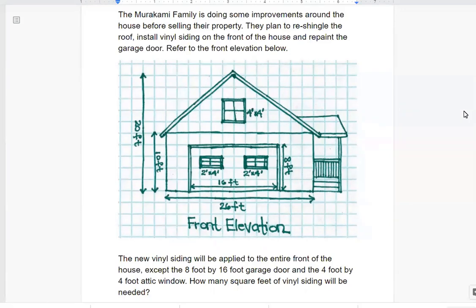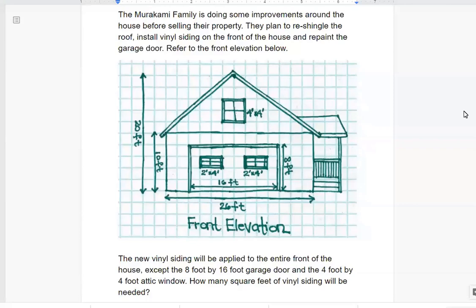It says the Murakami family is doing some improvements around the house before selling their property. They plan to reshingle the roof, install vinyl siding on the front of the house, and repaint the garage door. Refer to the front elevation below.